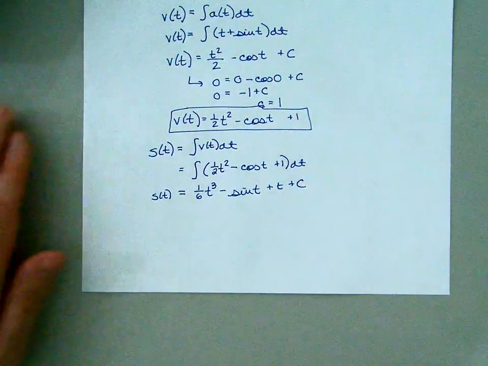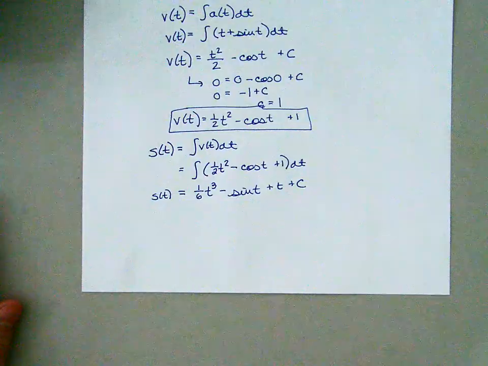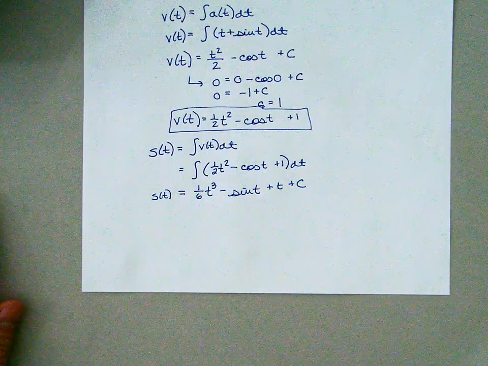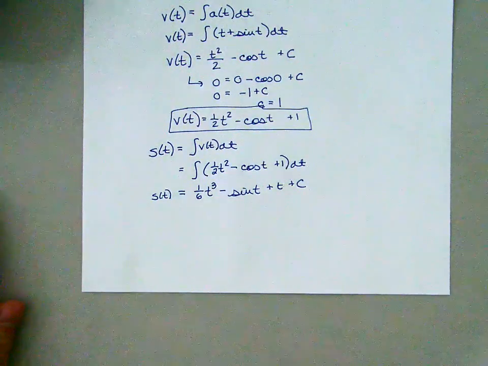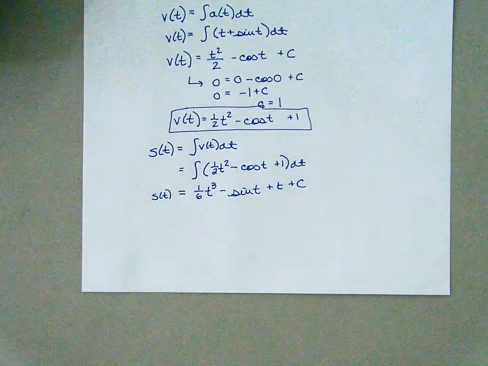So your antiderivative should look like 1/6 t cubed minus sine t plus c. Find your c value. And when you're done, you're just going to plug pi over 2 in. It's going to be messy, but that's fine.